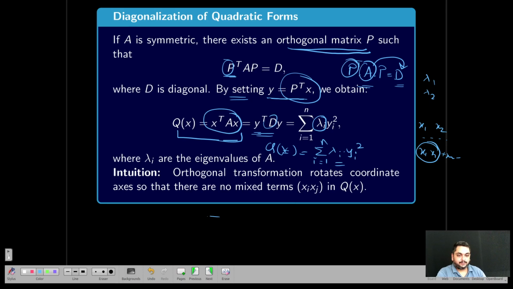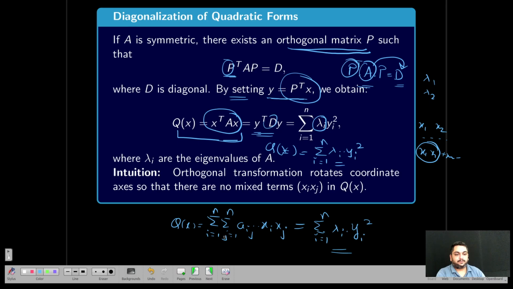Initially, q of x is the summation of i equal to 1 to n, summation of j equal to 1 to n, of aij xi xj. This now becomes equivalent to the summation of i equal to 1 to n of the eigenvalues of that matrix A times yi square.